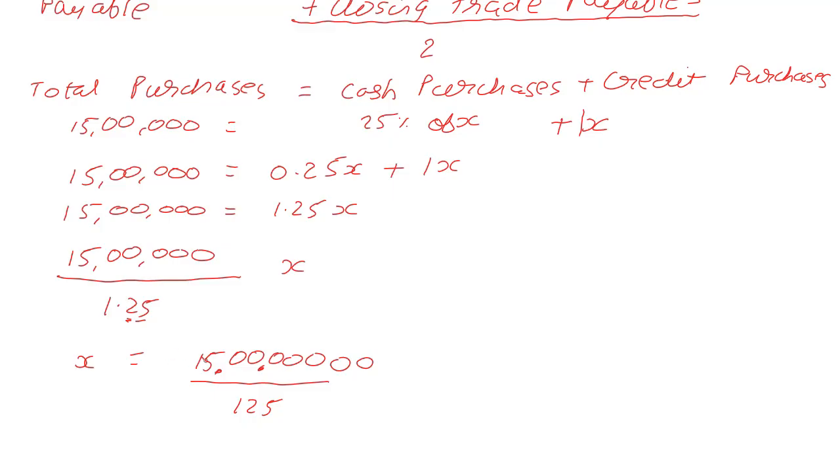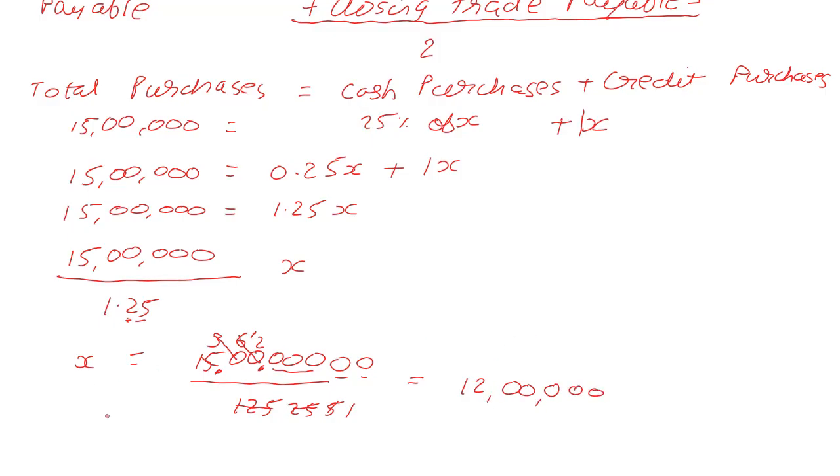So if you want, 5 threes are 15, 5 fives are 25, and so on, and we have 1 2 0 0 0 0 0.